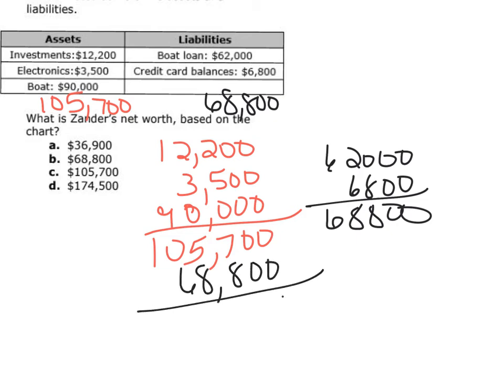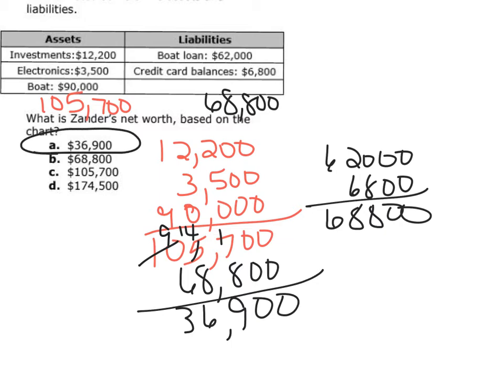I can't subtract 8 from 7, so I'm going to regroup. 17 minus 8 is 9. 4 minus 8, I can't do that, so I'm going to regroup. 14 minus 8 is 6, and 9 minus 6 is 3. So that means his net worth is 36,900. Again, go ahead and write down what your mistakes were in complete sentences.